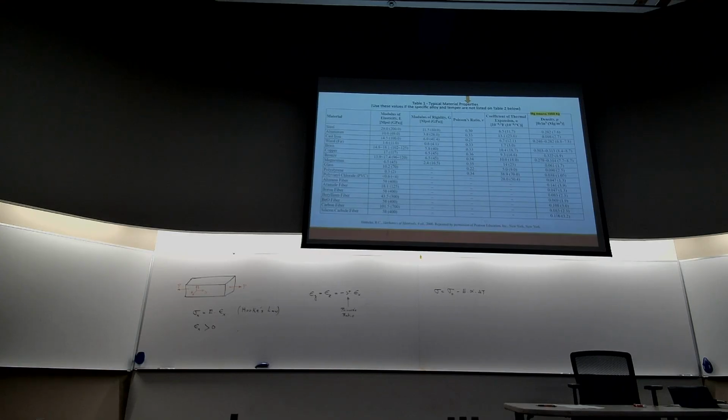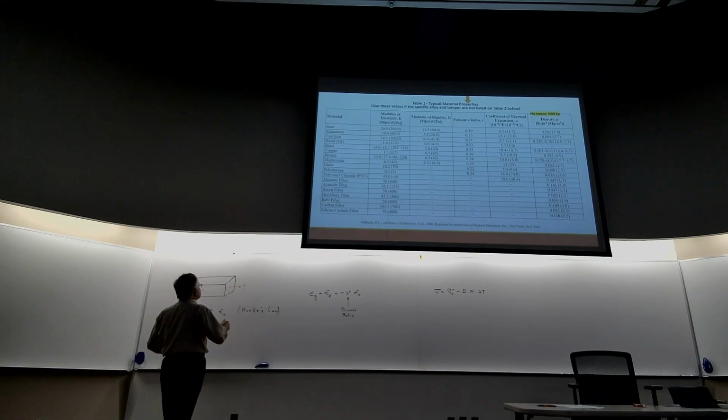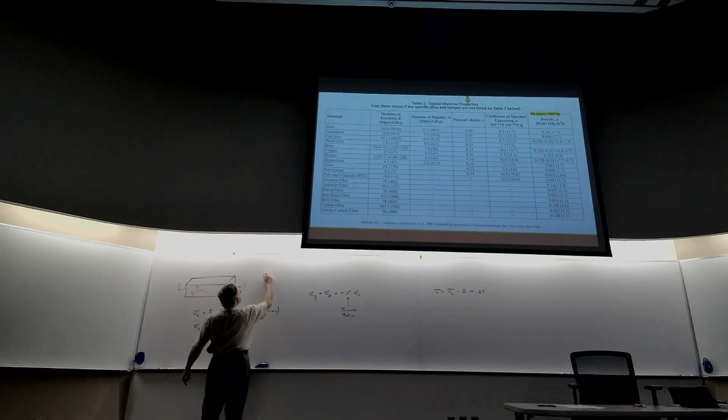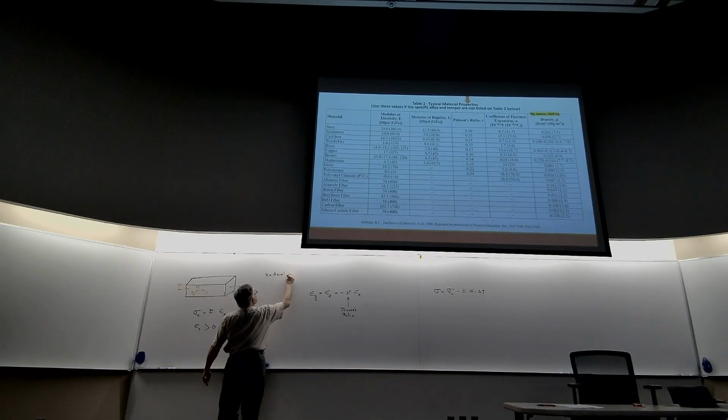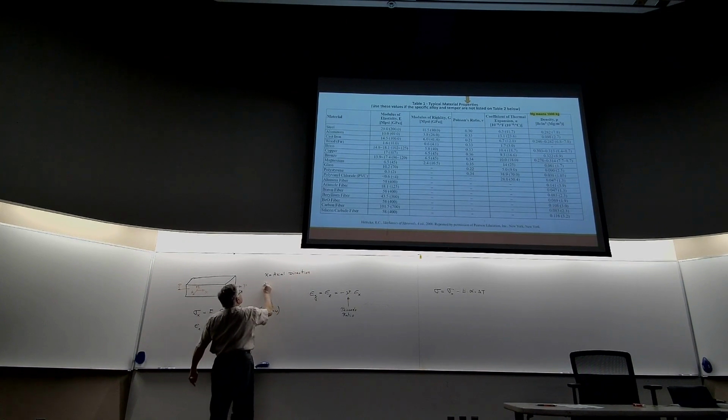That's all this means. And the X direction is called axial direction. Y and Z are in the cross section and they're called lateral directions.